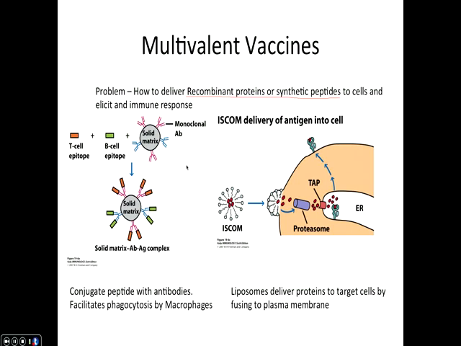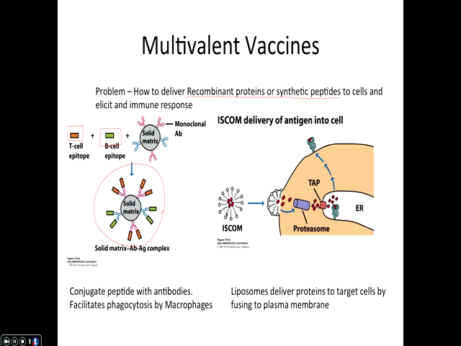In this case, what they've done is create a mechanism to conjugate antibodies to a solid matrix. And you pick some epitopes. These are your recombinant proteins that you think are going to be good epitopes to stimulate an immune response.